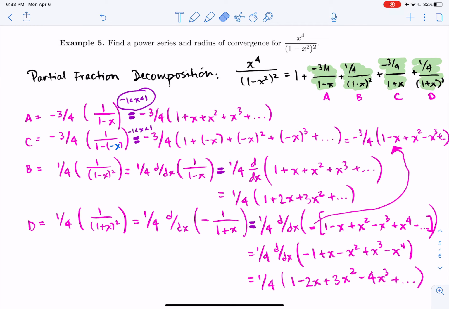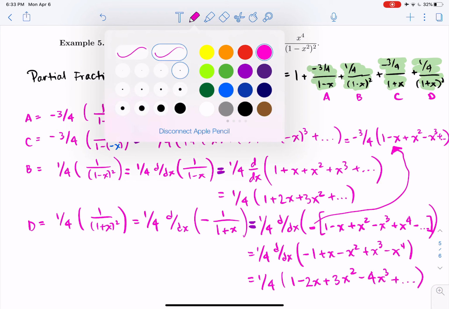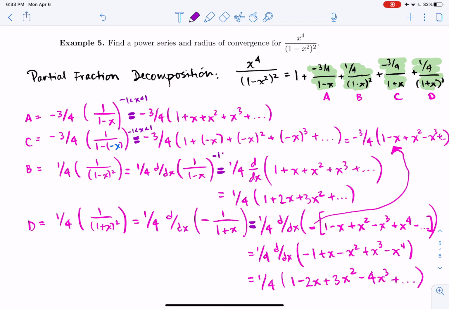So this guy's interval of convergence is minus 1 to positive 1. And just so that's, this interval of convergence implies this one by the nice theorem. And in that same way, the interval of convergence for C implies the same interval of convergence for D, also by the theorem. Alrighty, so everything we're doing is valid only for x values between negative 1 and 1.